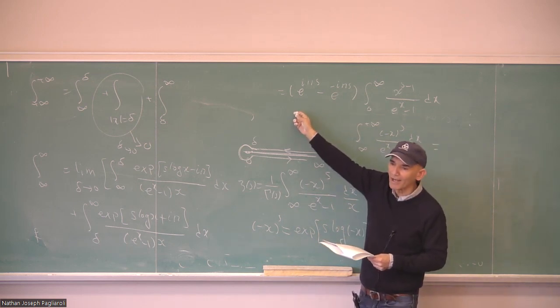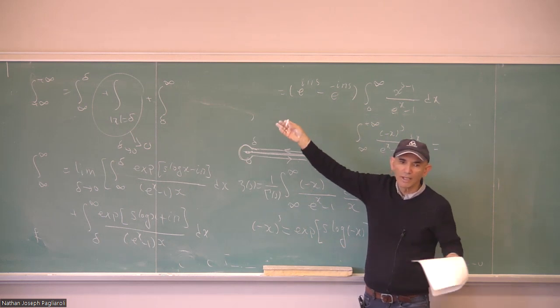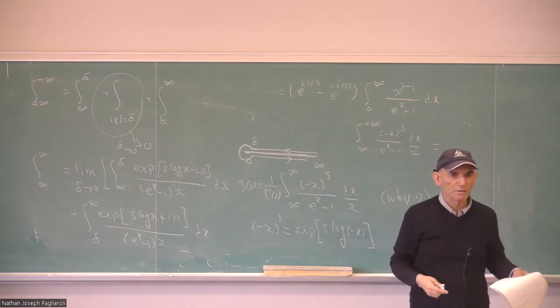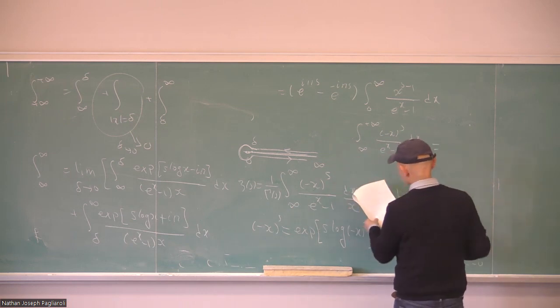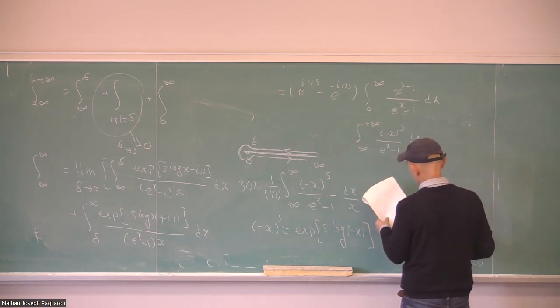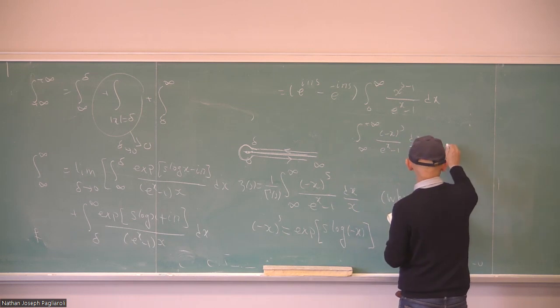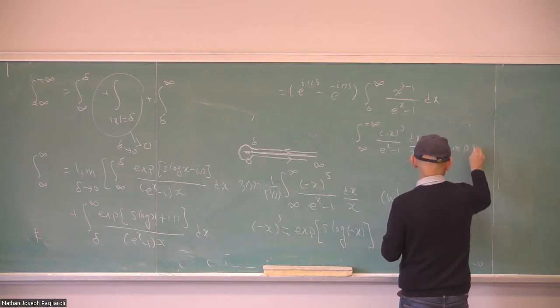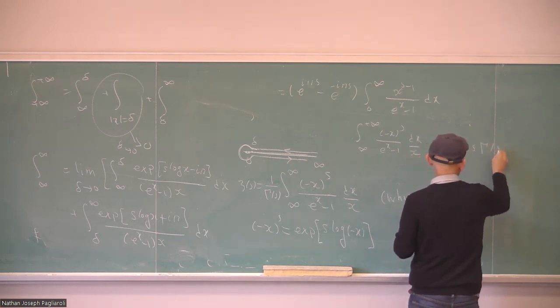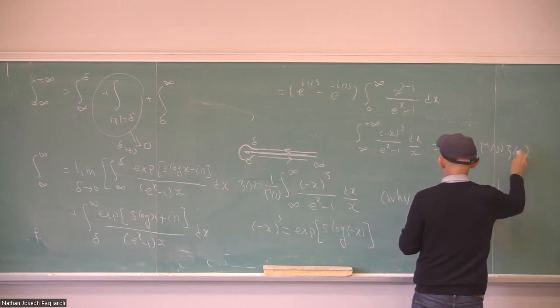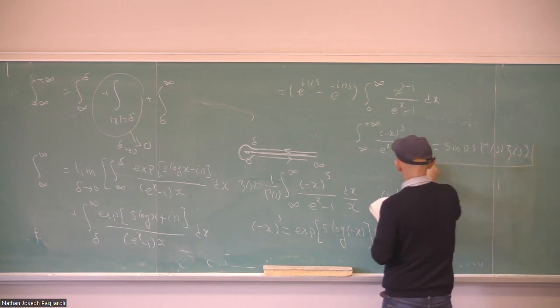This is in terms of sine, right? e to the ix is cosine x plus i sine x, and substituting, you write it in terms of sine, then this becomes sine of pi s, gamma of s, zeta of s. So this is the formula.